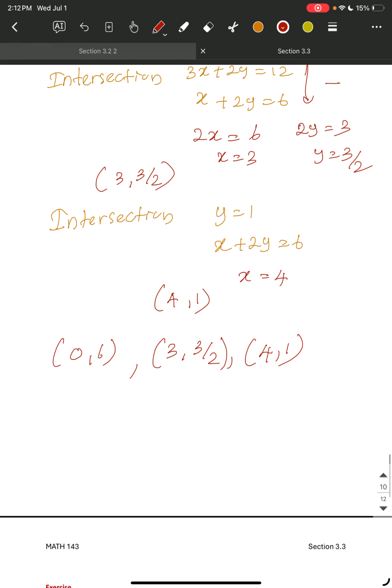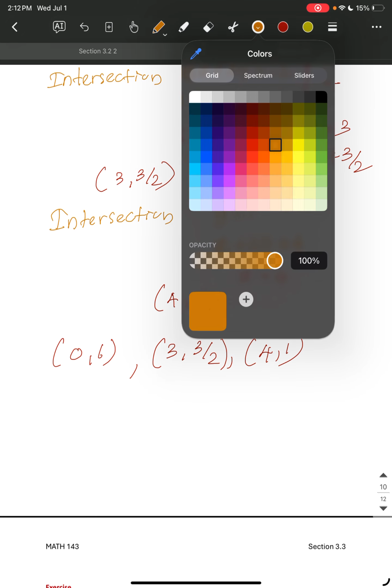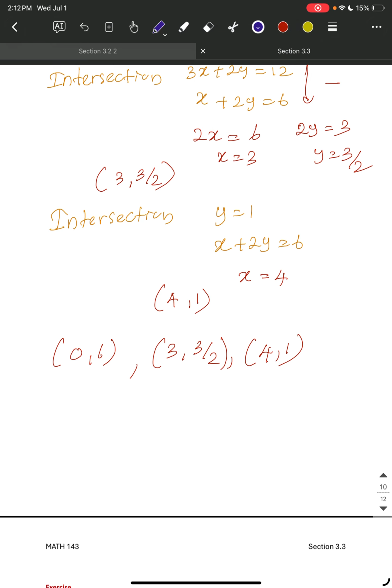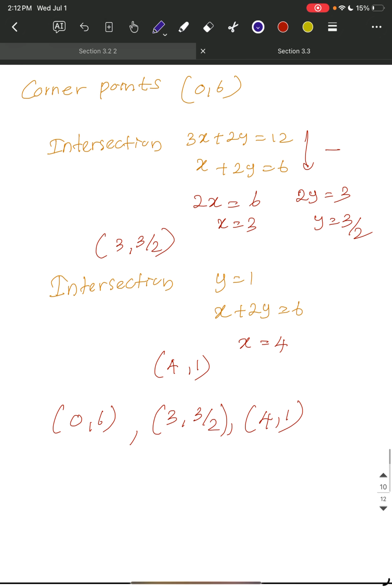Next step, evaluate the objective function at the observed corner points.